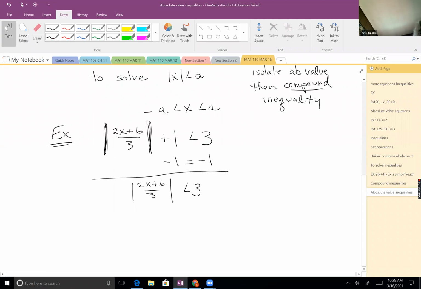Again, because I added or subtracted, the inequality remains the same. Now, because that absolute value is less than, I'm going to rewrite as that compound inequality. Negative 3 is less than that quantity that we're taking the absolute value of is less than 3.